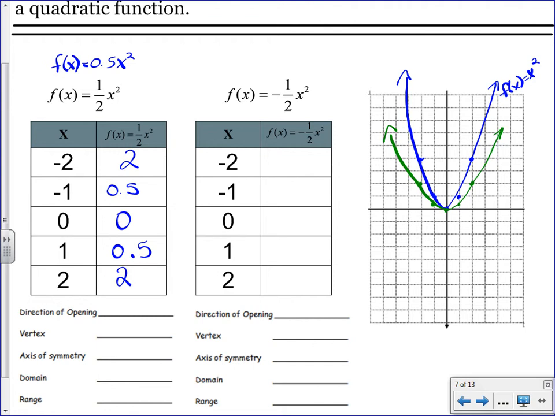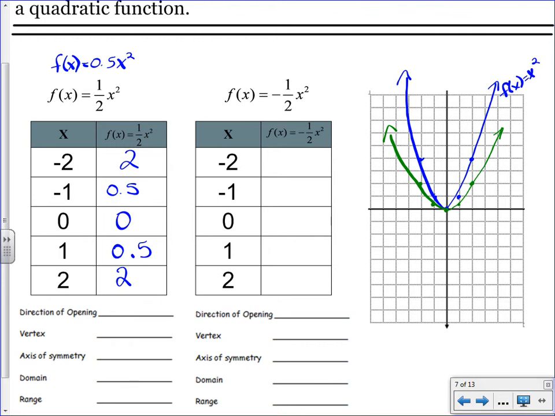Okay, visually, what happened to the graph when I had 0.5 out front? How could you visually describe what happened from blue to green? Robbie? It was compressed, which means you're pushing it down, which means it gets wider.